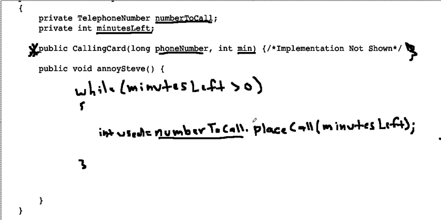So after I make one phone call, this will represent how many minutes I've used. And so if you notice, I've got a loop here with my minutes left variable that runs while it's greater than 0. So what I need to do is decrement that variable by how many minutes I've just used. So that means minutes left minus equals used.